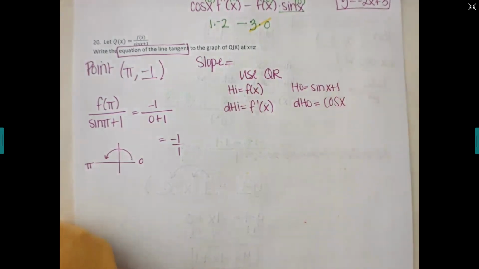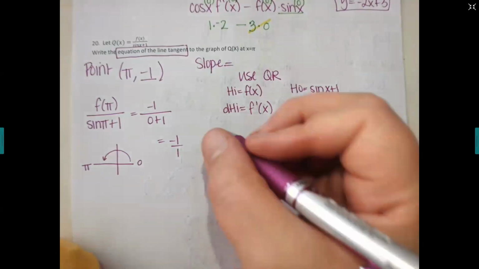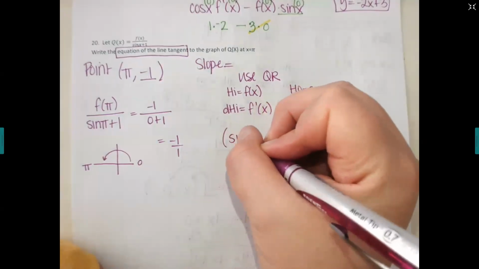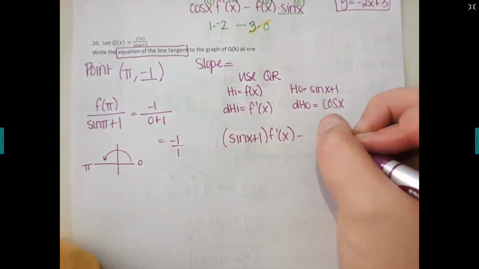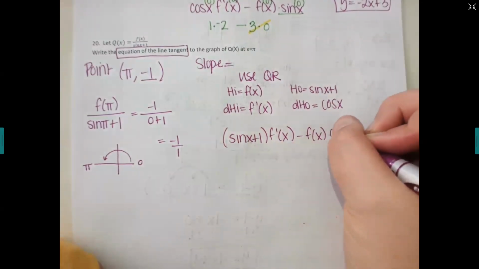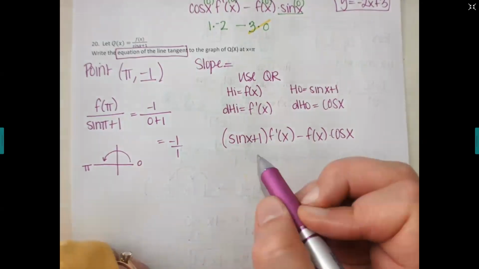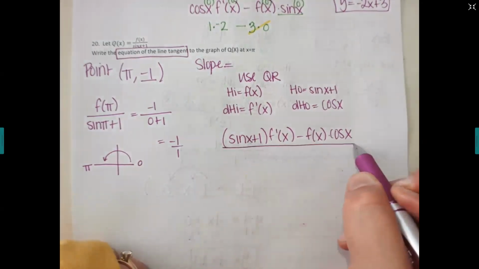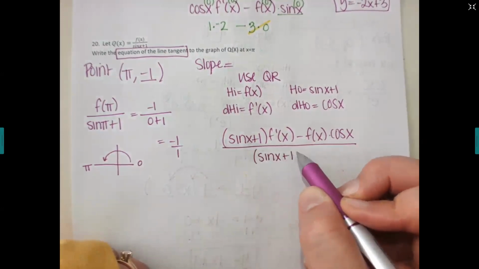The constant, so it goes to 0. Very good. Remember, it's ho d high minus high d ho. So it's going to be sine x plus 1 times f prime of x minus f of x cosine x, all of that over what? Ho squared, which would be sine x plus 1 squared, correct.